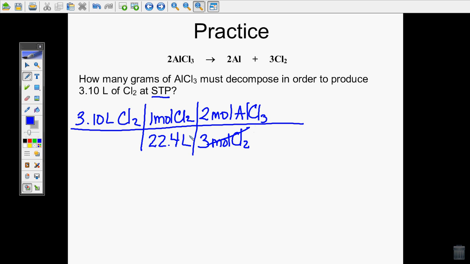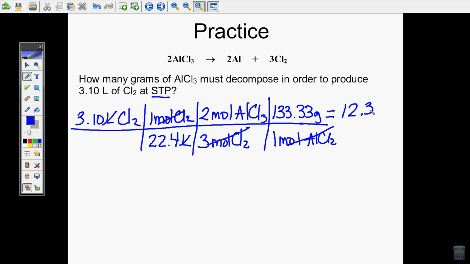That cancels, my liters cancel. And then it wants grams, so I need to use molar mass. So 1 mole of aluminum chloride is 133.33 grams. Okay, so that cancels. All right, multiply across the top, divide by what's on the bottom, and I got 12.3 grams of aluminum chloride.